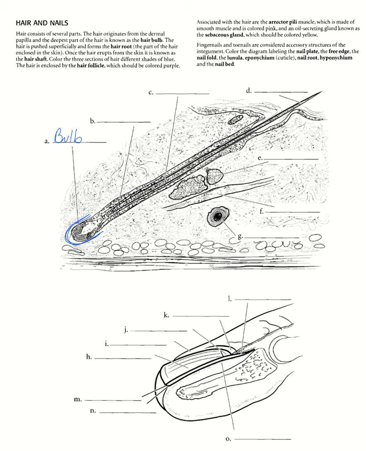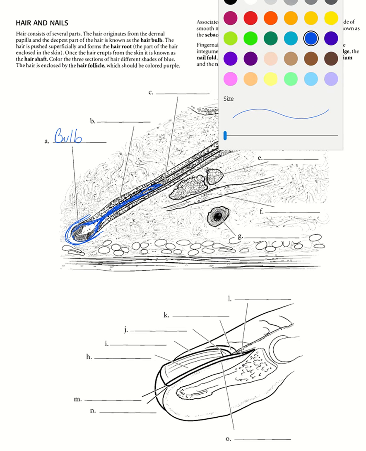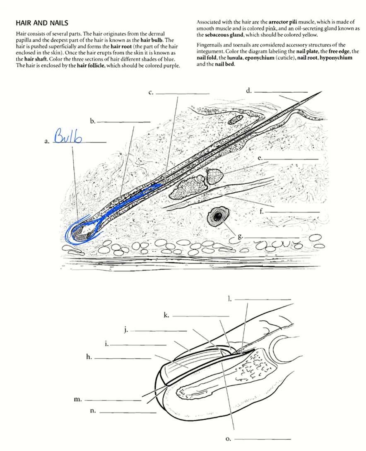And if you follow the bulb, I'm going to highlight this. Hopefully you can see this okay. Coloring it in. The part that I'm coloring in is the actual hair. The area surrounding it, I'm going to do this in, let's say, yellow. This here is still part of the dermis.